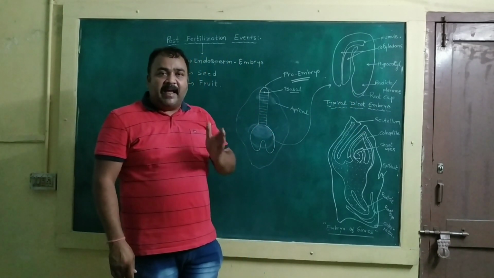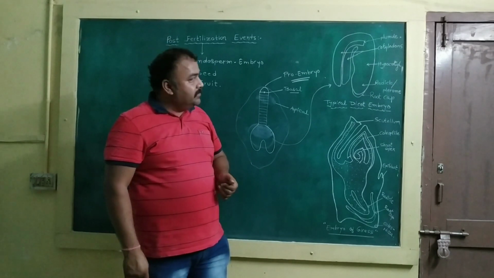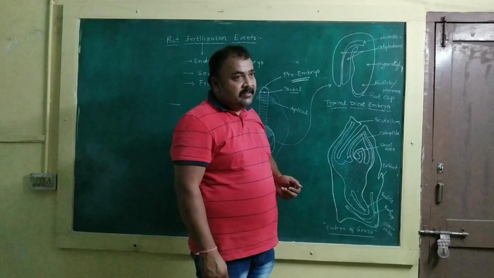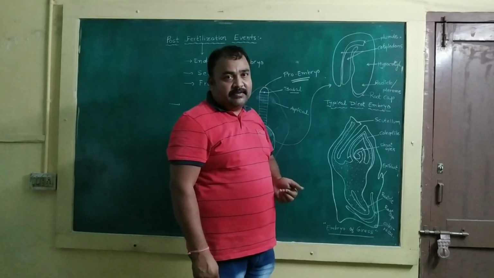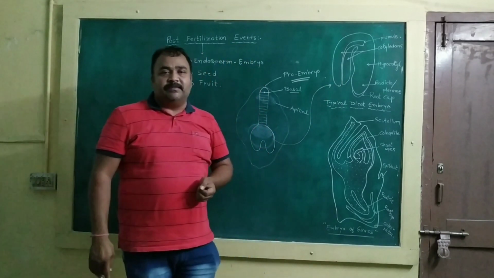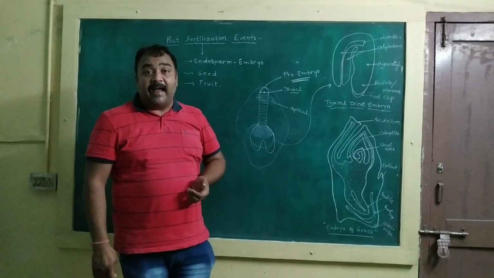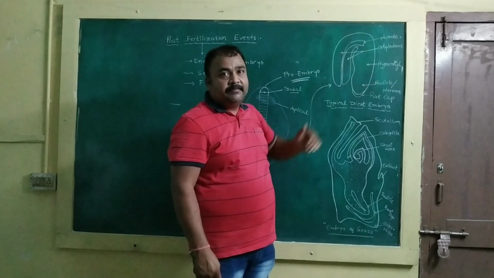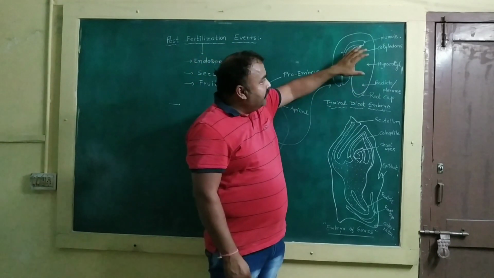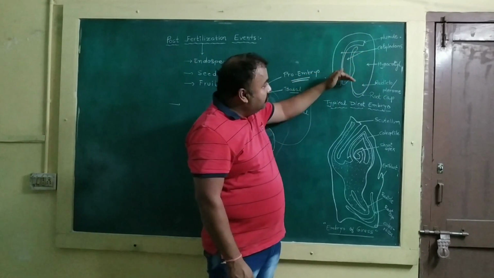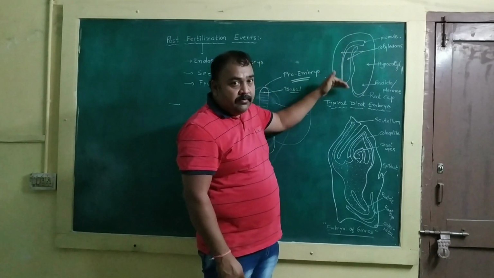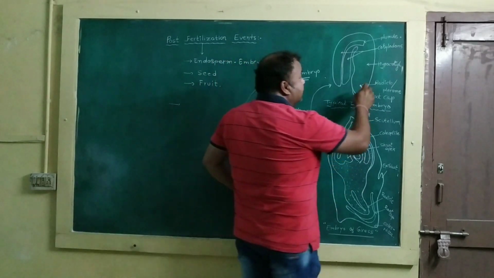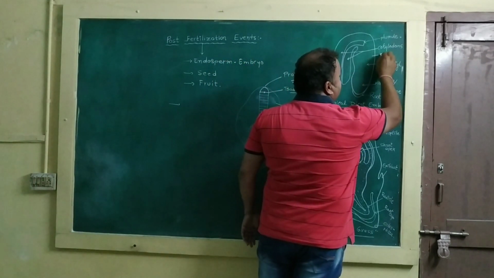A typical dicot embryo contains an embryonal axis and two cotyledons. How many? Two cotyledons, because it is an example of dicot embryo. And this is embryonal axis. The region of embryonal axis above the level of cotyledons is known as epicotyle.